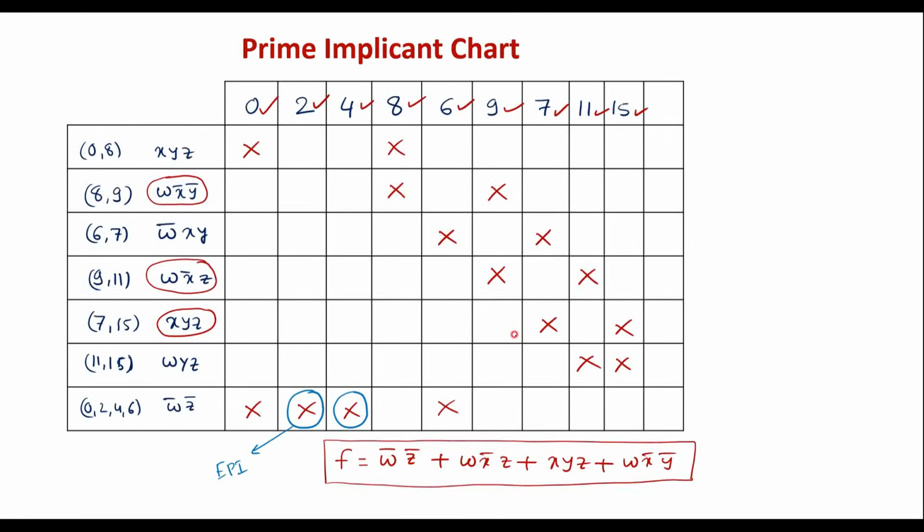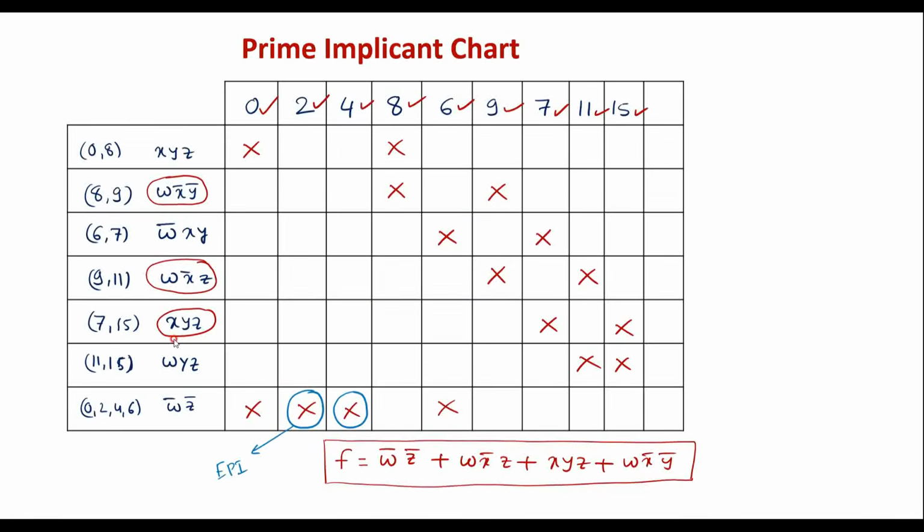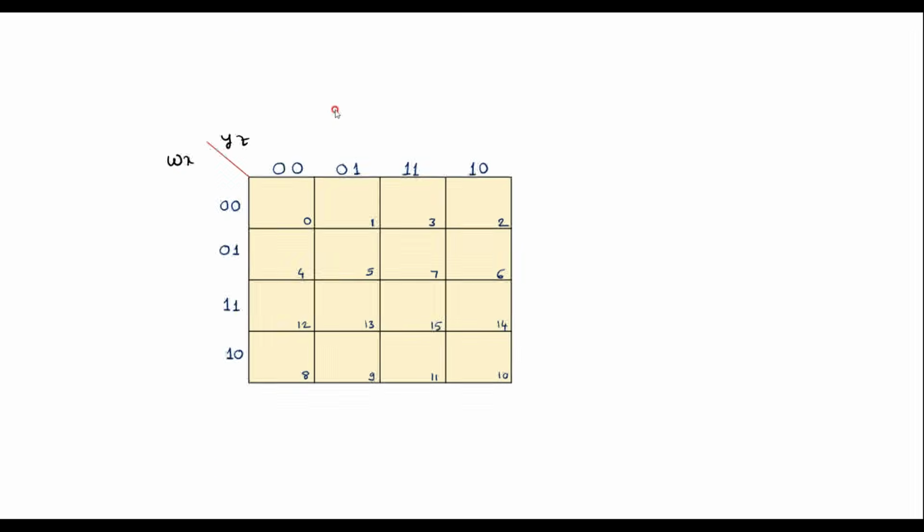Now I will solve the same problem using K-map. I will reduce the given expression using K-map and verify whether I get the same result or not. So let me simplify using K-map. The variables are w, x, y and z. The min terms are 0, 2, 4, 8.